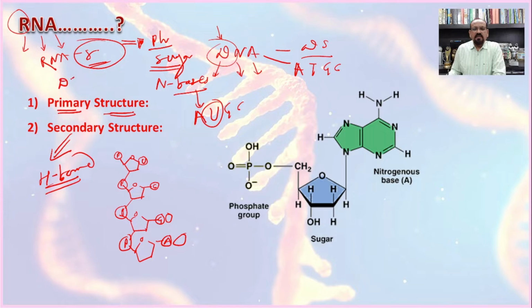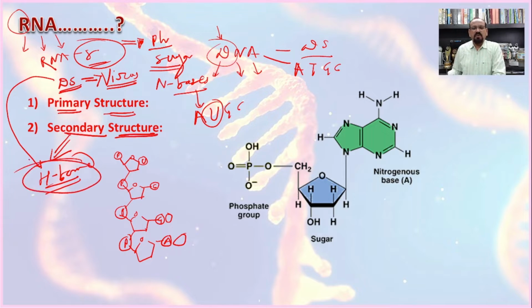Rarely double stranded RNA is also present, but it is only in the viruses and not in the other organisms. So in such cases there is again hydrogen bonding between the complementary nitrogen bases, otherwise the single strand folds itself and forms the secondary structure because of the formation of the hydrogen bonds between the complementary nitrogen bases.